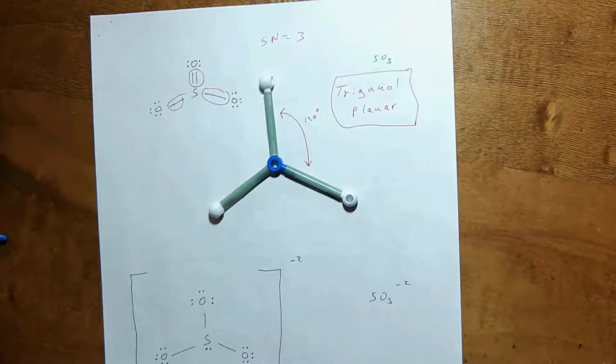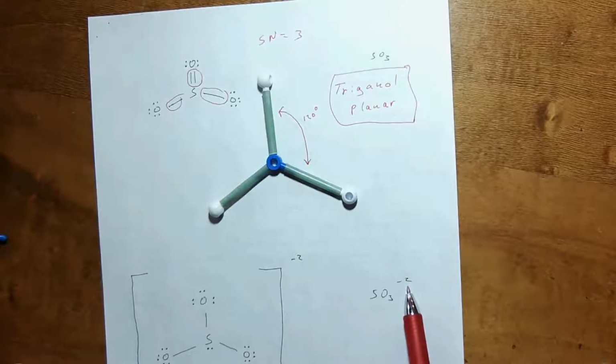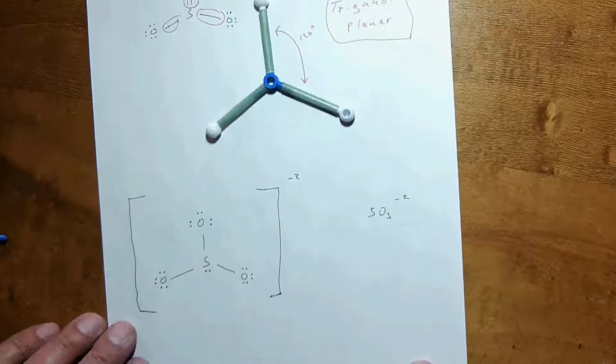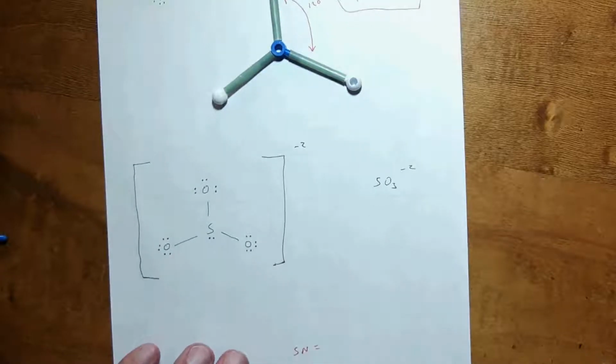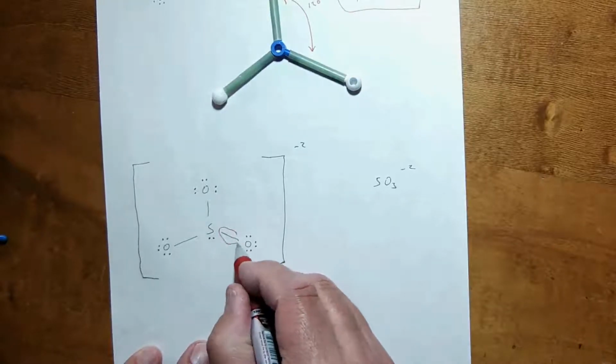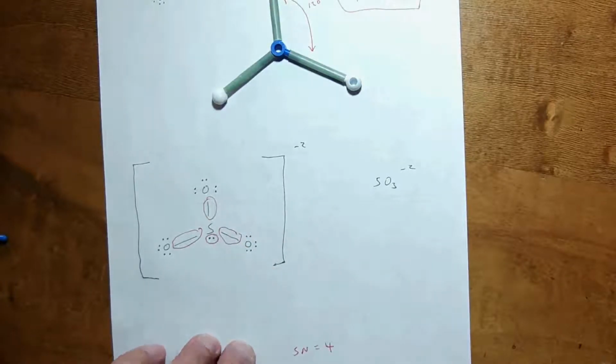Now compare that shape with what we get down here for the sulfite ion. Again, the only difference between these 2 species is this one happens to have 2 extra electrons, hence the -2 charge. Those extra electrons, you see, ended up on the central atom. So if I do my steric number here, my steric number had ought to be what? 4. 1, 2, 3, 4 things on that central atom.